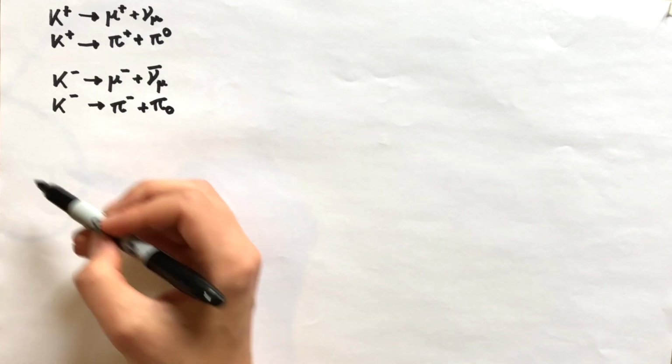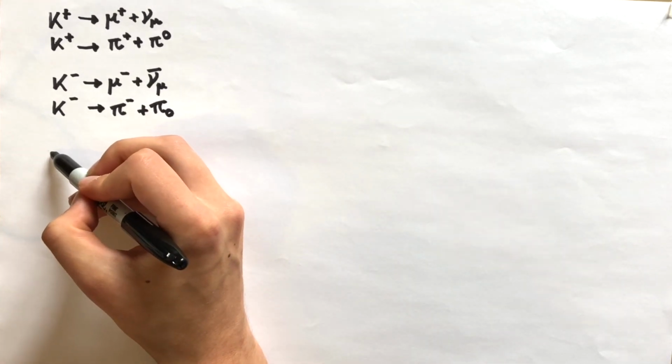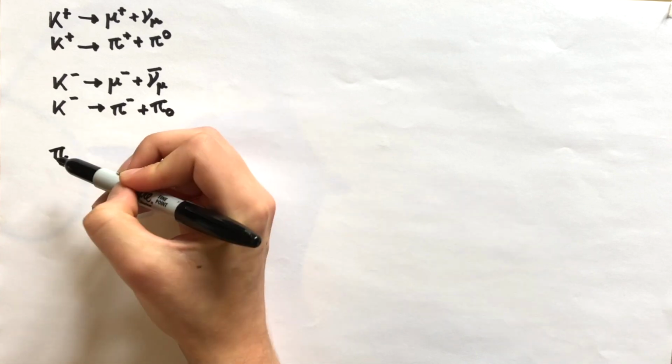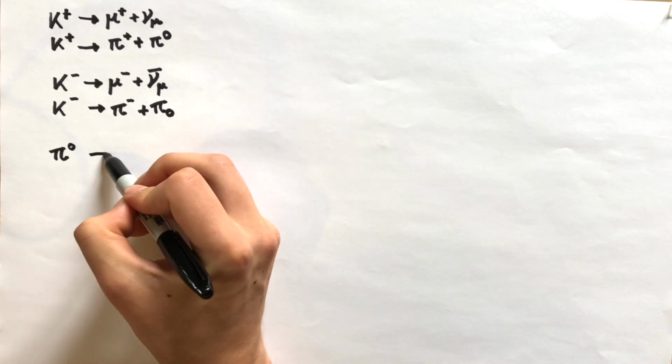Well, what about the pion? The pion actually has 3 different ways in which it can decay. Say we start with a pi 0 meson, a neutral pion.